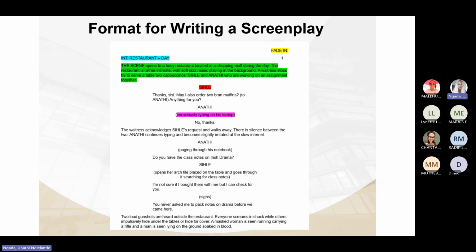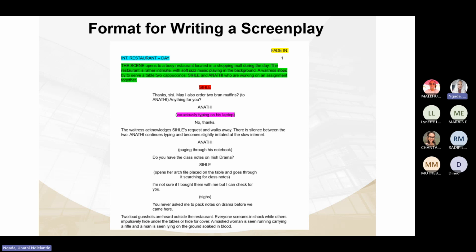Remember, the setting of your screenplay is written in capital letters, but please take note of the punctuation used to specify the setting, in this case, the full stop and the dash. Then, unlike the drama text, when describing a scene, it is written in italics.